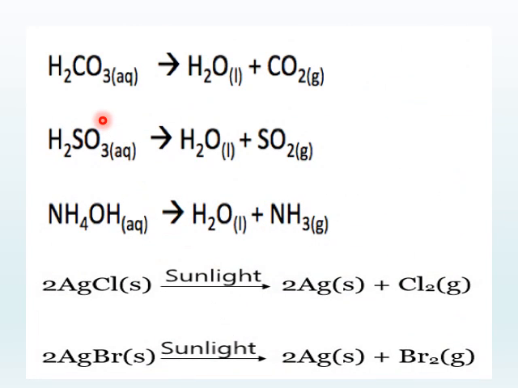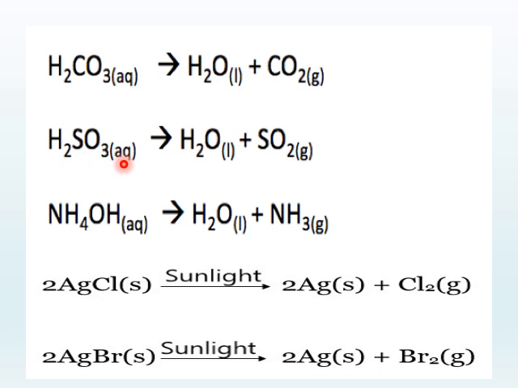Here you can see some examples. AQ carbonic acid, AQ is used for aqueous solution. Water is liquid. CO2 carbon dioxide is in gas form. Arrow shows yields, to form. Water and carbon dioxide are separated by a plus sign.